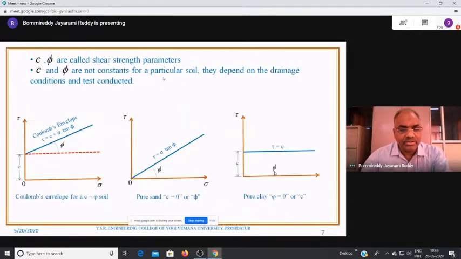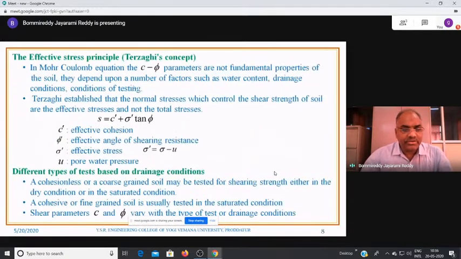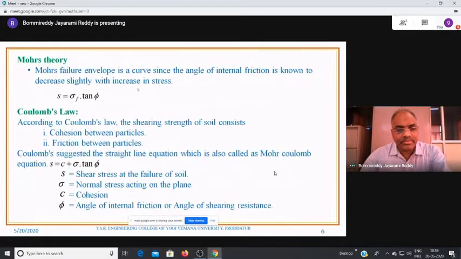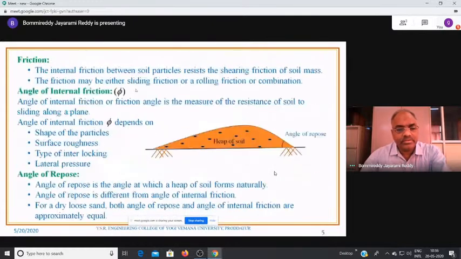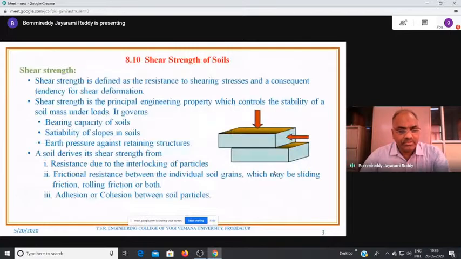In the previous slide, the various factors affecting are, you can look at the bottom, number one is resistance to interlocking, two, frictional resistance, three, adhesion. So normally what is going to happen is granular soils or sands have shear strength because of the interlocking of the particles and also the frictional resistance.